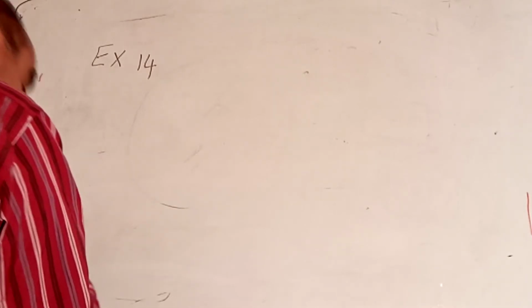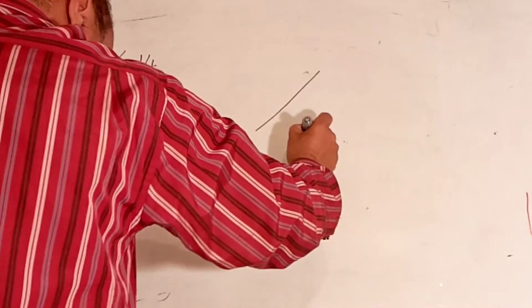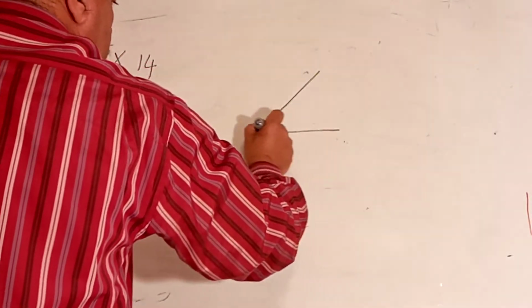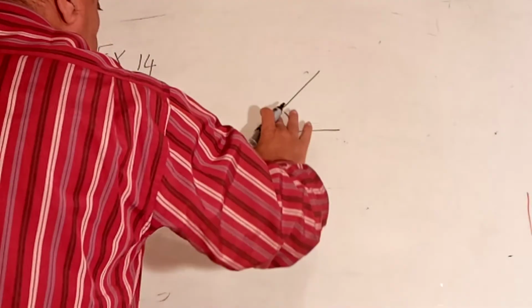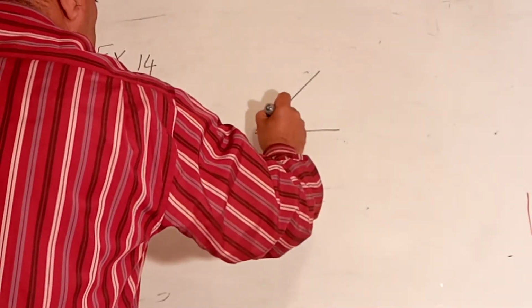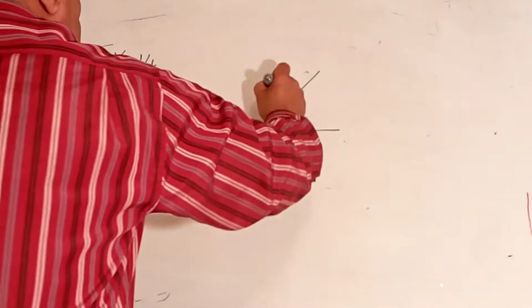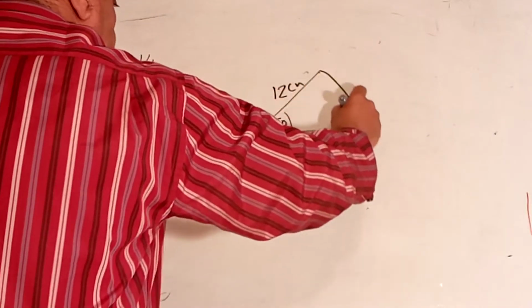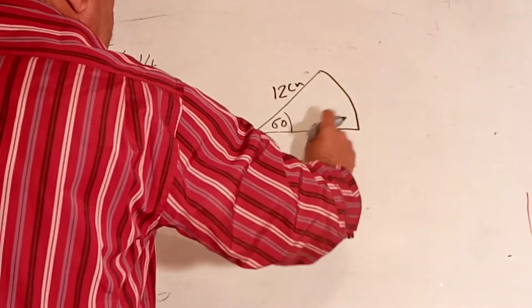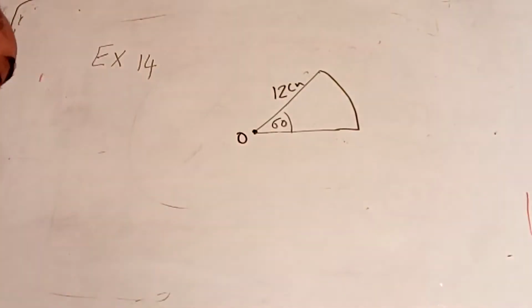Example number 14. Okay, here we have this arc. He said this angle is equal to 60 degrees, and this is 12 centimeters. And this is the arc. This is the center of the circle. Find the length of the arc.